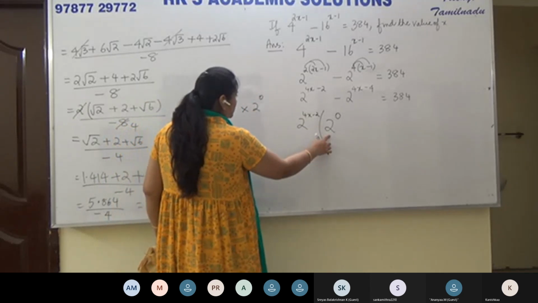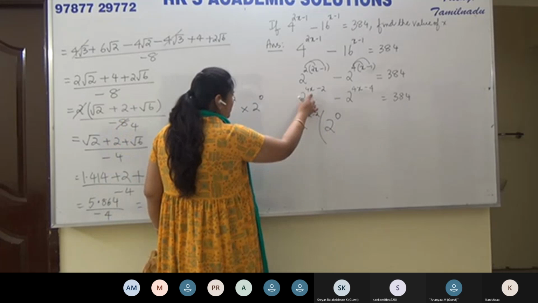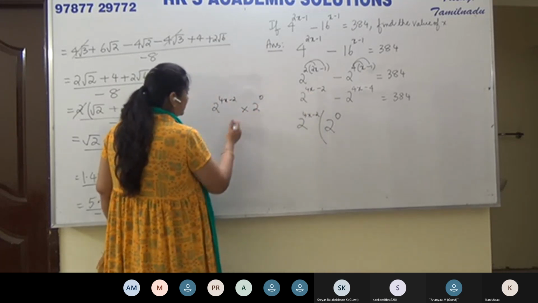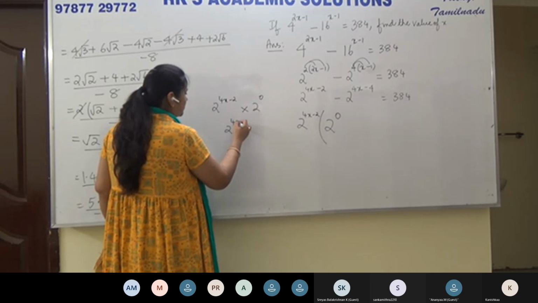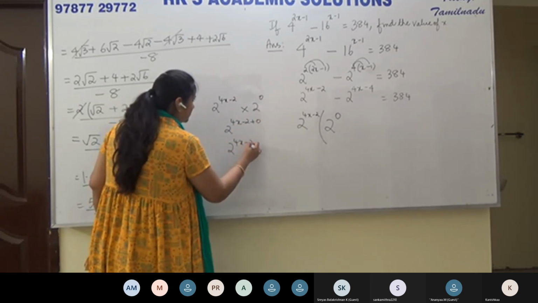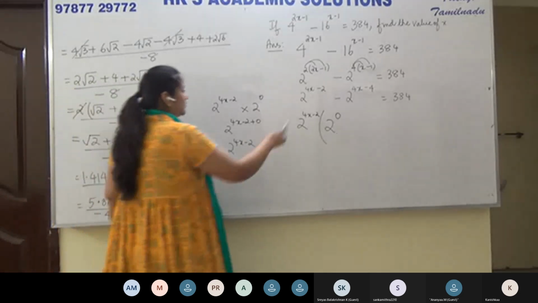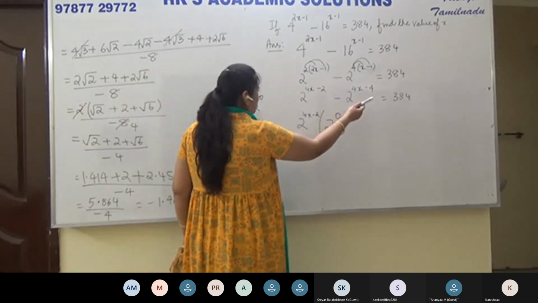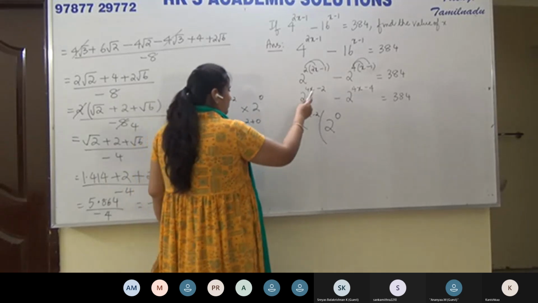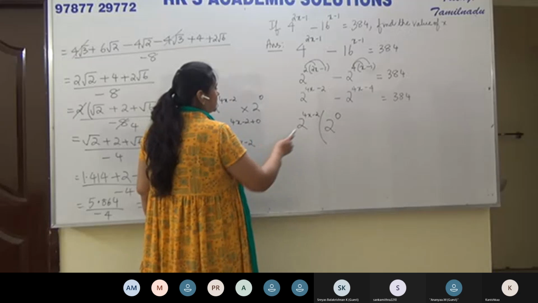Why have we written 2 to the power 0? Because it's 1, and this into 1 will give us the same thing. But how do you simplify this? When bases are same, we add the powers. 2 to the power 4x minus 2 plus 0 is anyway going to be 2 to the power 4x minus 2. You can also take out any one of the two as common.